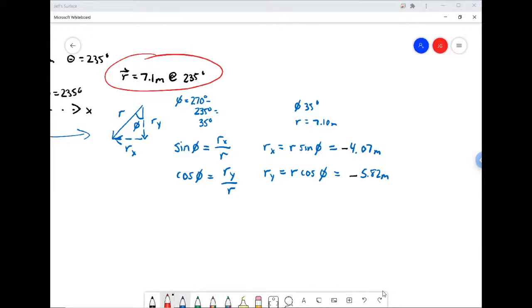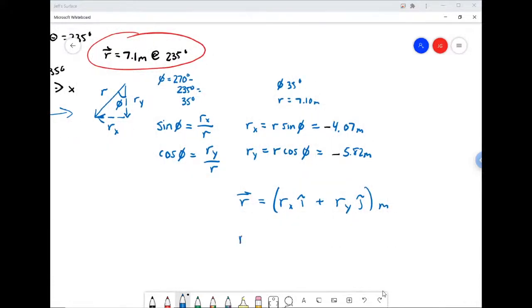So I could do, down here, R equals the x component times its unit vector, i hat, plus the y component, j hat. Then we have to include units. It's a displacement vector, so it has units of meters.